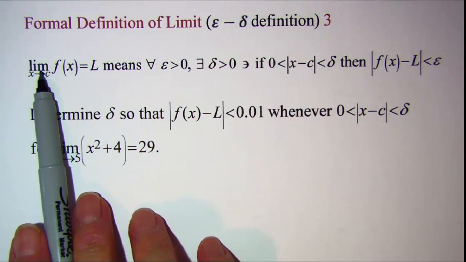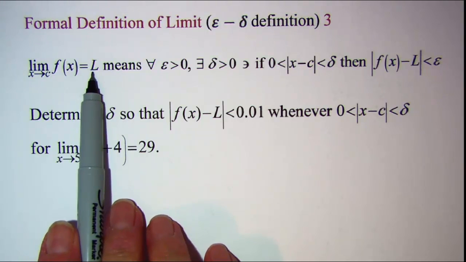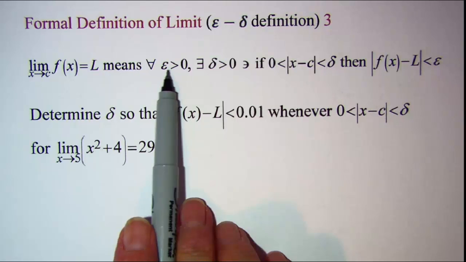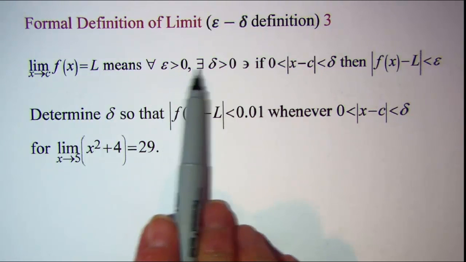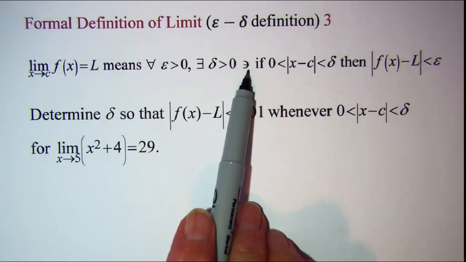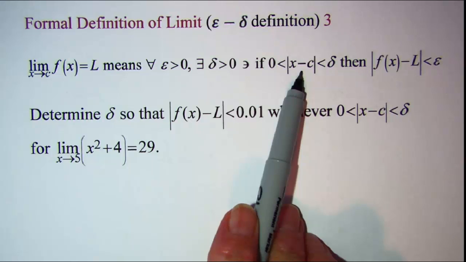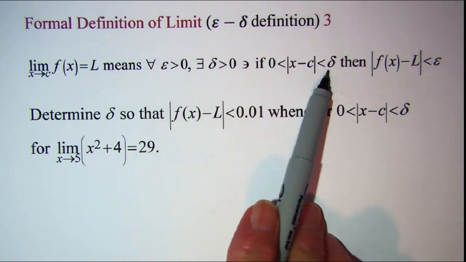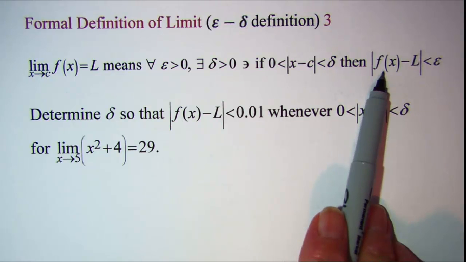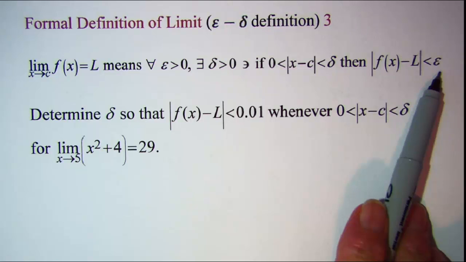It says that the limit as x approaches c of f of x is equal to L. That means that for every epsilon greater than 0, there exists a delta greater than 0, such that if 0 is less than the absolute value of x minus c, which is less than delta, then the absolute value of f of x minus L is less than epsilon.